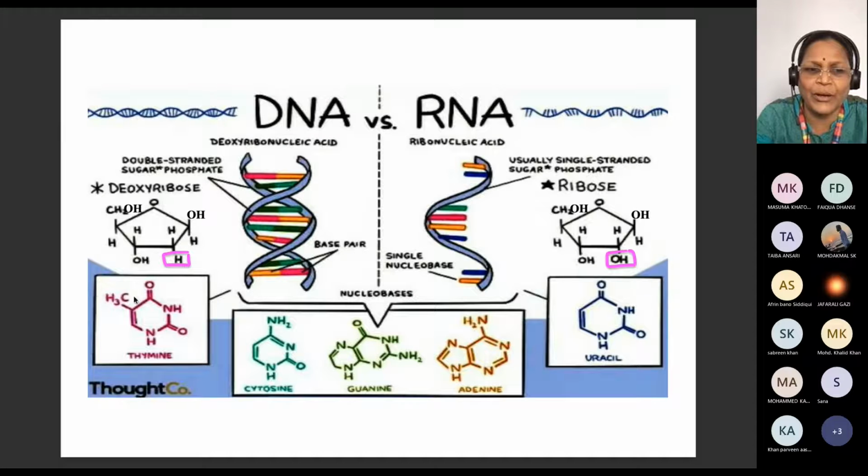That is the only difference between uracil and thymine. So this methyl group is the only extra. When I remove that methyl group, it gets converted to uracil, and if I add that methyl group to uracil, it gets converted to thymine.